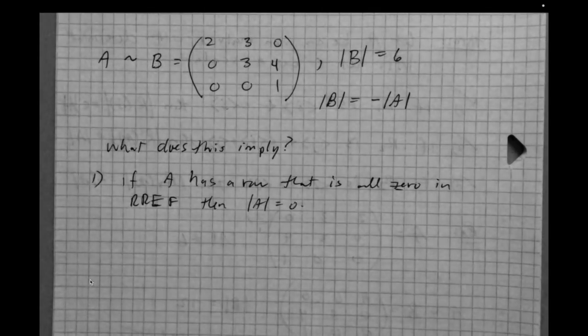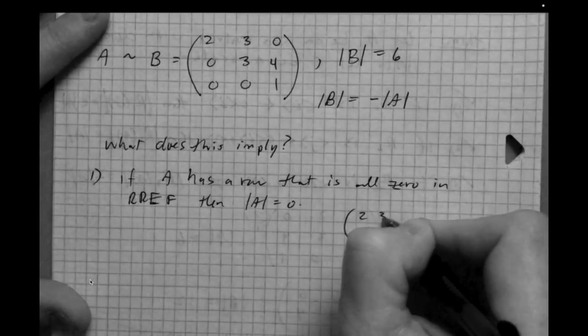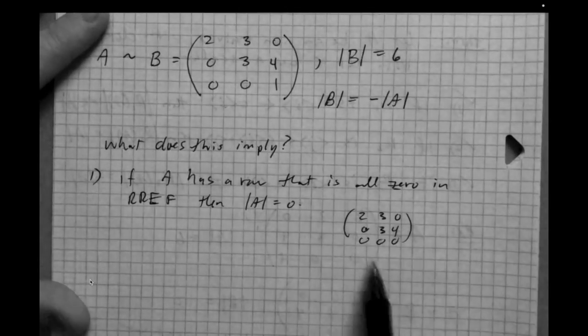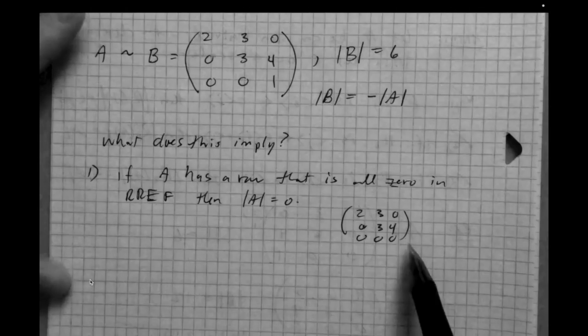That's just because, if you had a situation like this, this is upper triangular, and 2 times 3 times 0 equals 0.